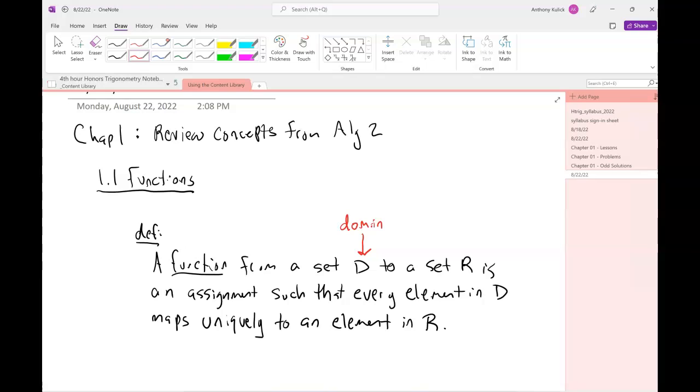We call that the domain. And this set R has a name. We call that the range.